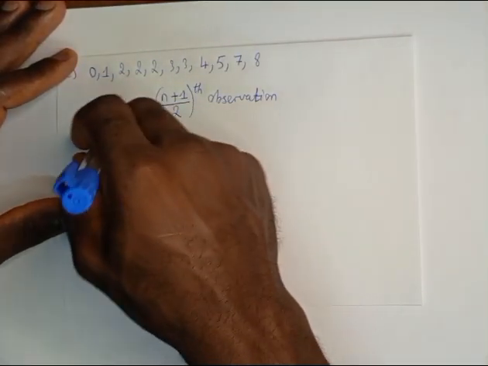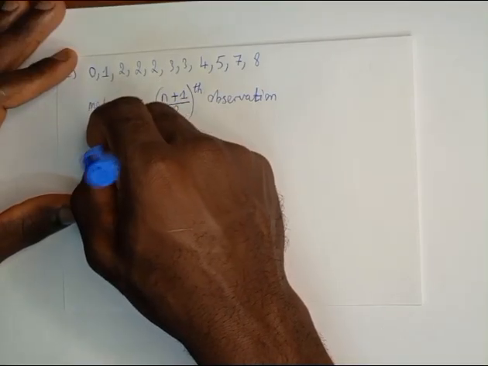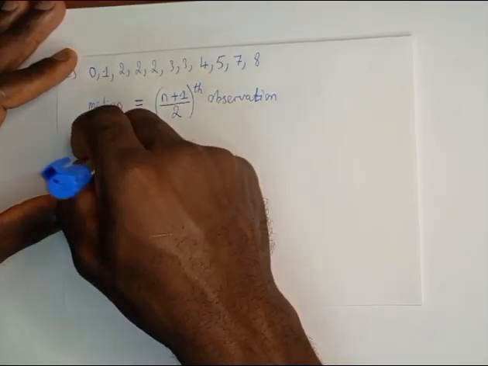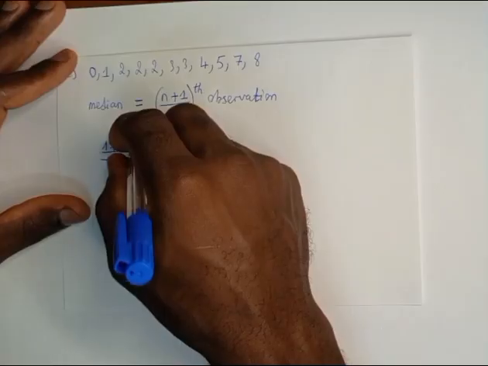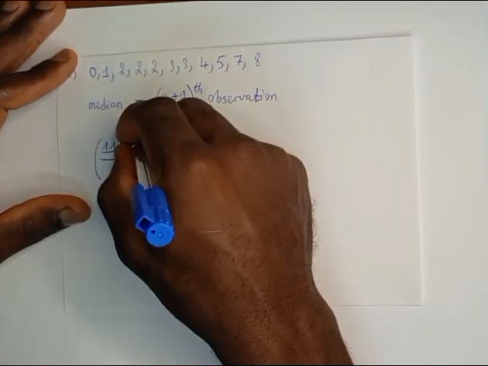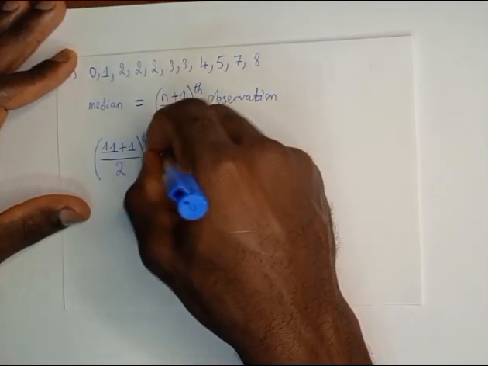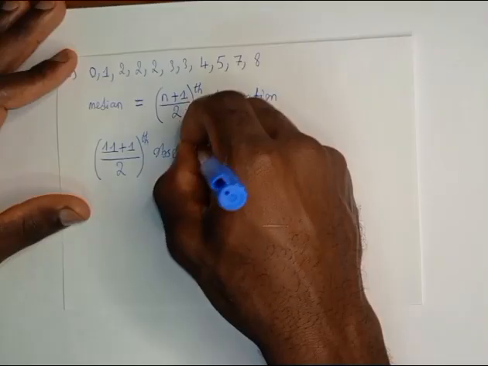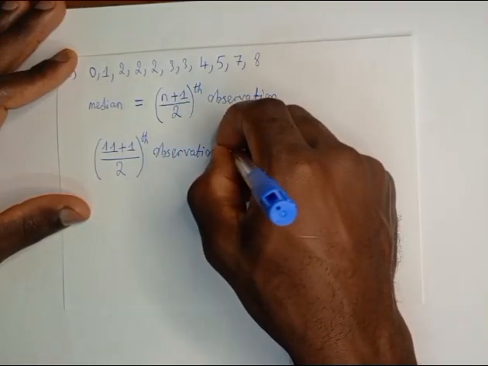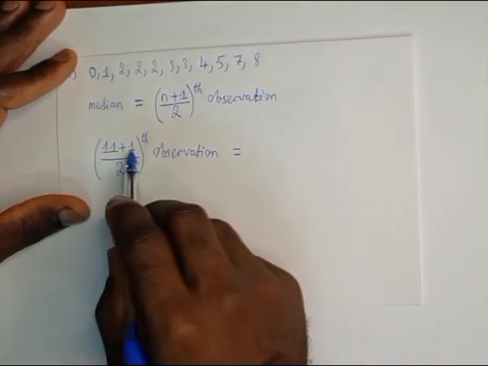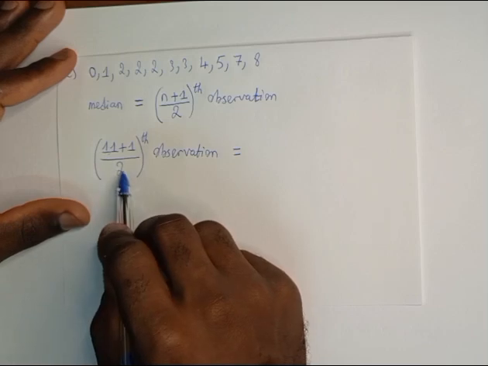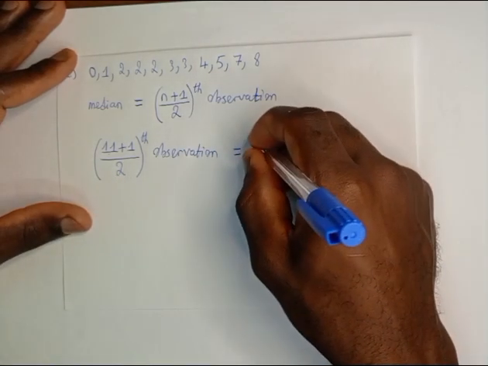That means the median will be at the 11 plus 1 divided by 2 observation. This will be equal to 11 plus 1 gives us 12, and 12 divided by 2 gives us 6.